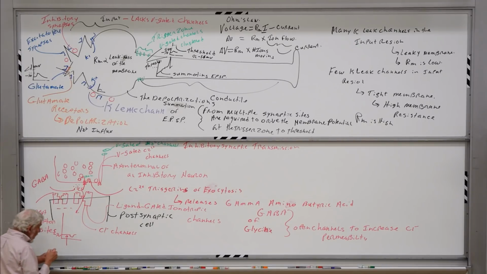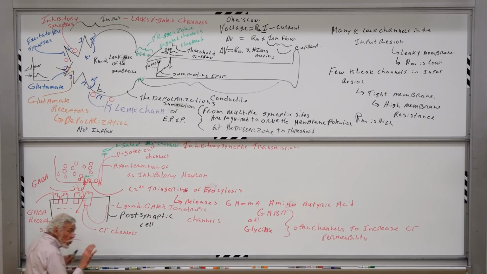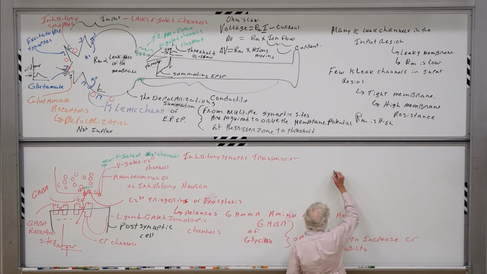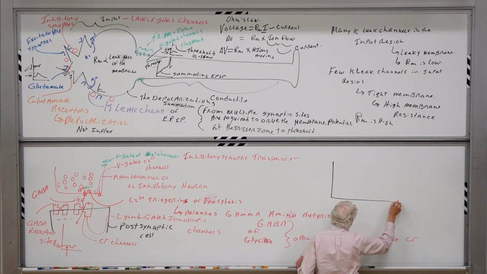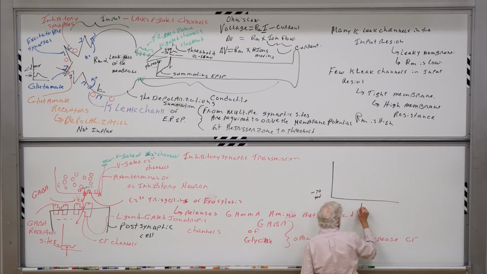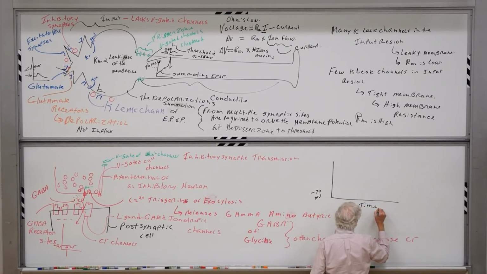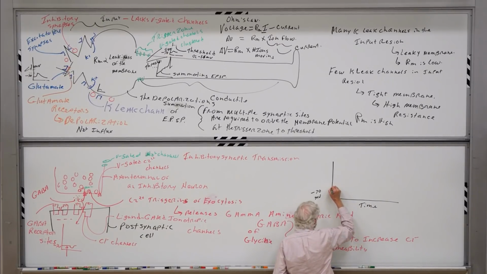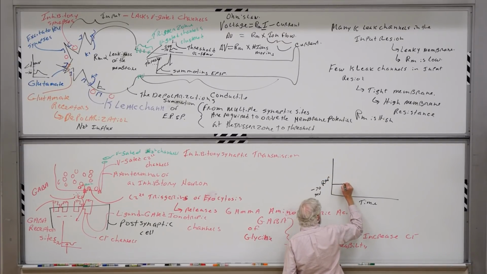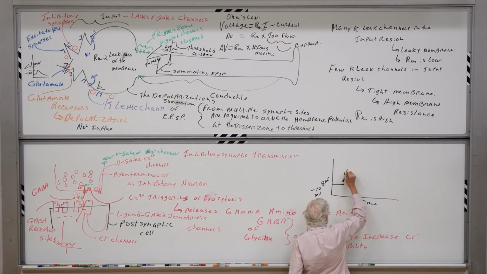So now we can envision, and this is true, it's not a complete truth, but it's true that we can now envision a case where we have the membrane potential at minus 70 millivolts. And this is time. And so now we can see, we start out, it's stable. This is the resting membrane potential. And at this point now, we open chloride channels.